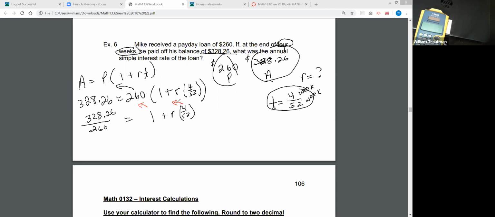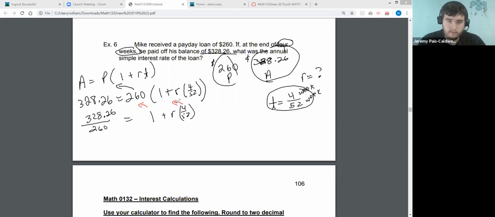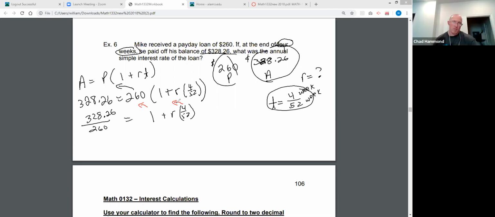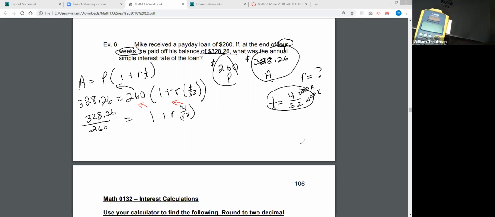My question to you is, which one do I take to the other side first? The 4/52. Anybody have a different answer? How about in a problem like this: 6 equals 2 plus 3x.